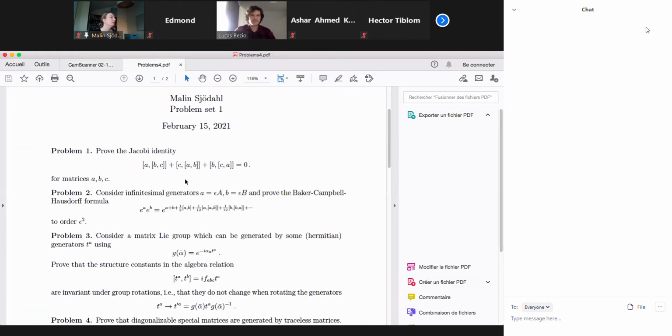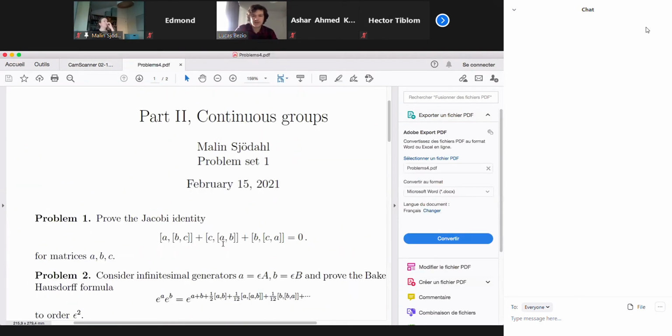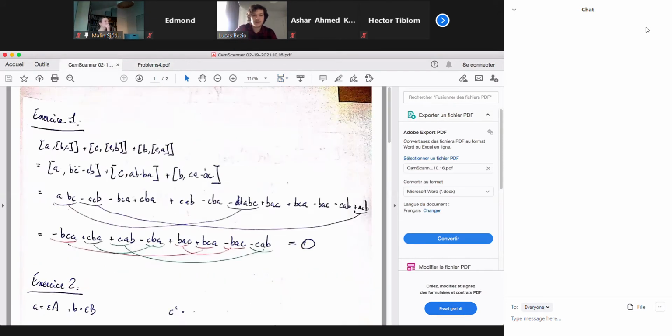Okay, so that was the question. As I said, I expand each commutator, and then I recognize that for each term, like ABC, we have minus ABC on another side, so each one of them cancels out, and we have 0 at the end.